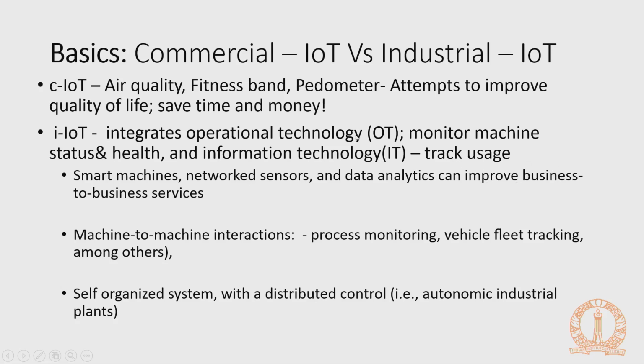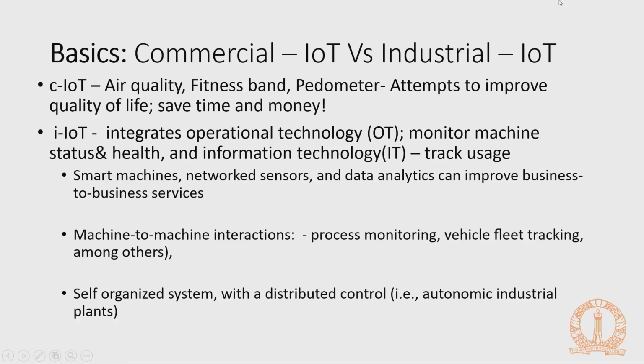So, industrial IoT is essentially bridging the two, it is combining both the OT and the IT part and providing you smart machines, network sensors, analytics and all that, which are because of this merged behavior, integration of these two technologies.